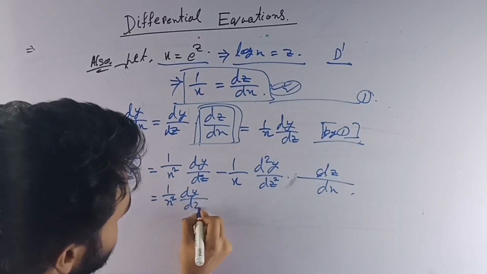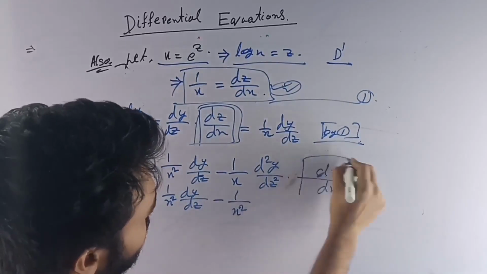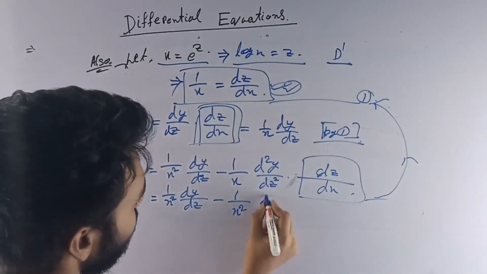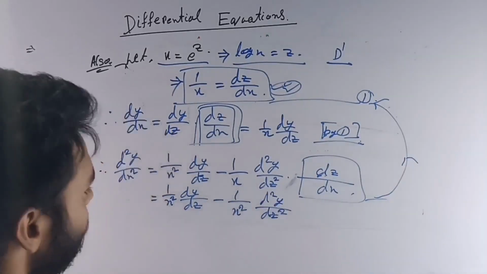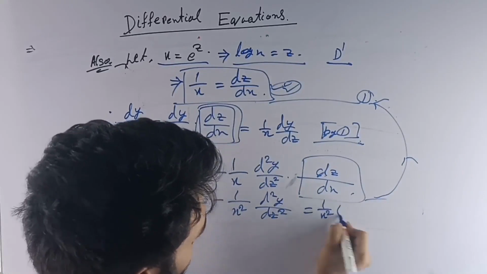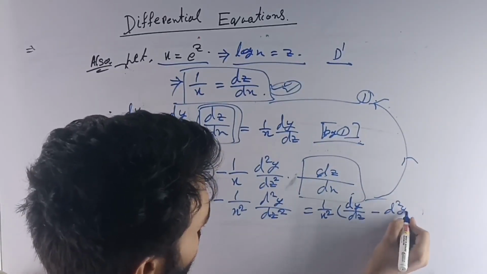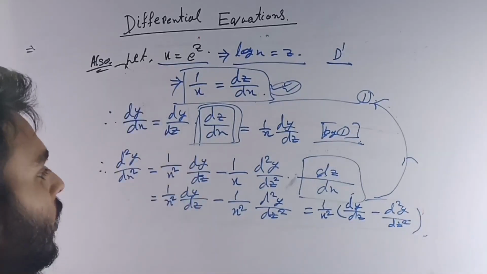Okay, so minus 1 by x square times dy by dz plus 1 by x square times d2y by dz2. That's very easy. And now taking 1 by x square common, it becomes dy by dz minus d2y by dz2.